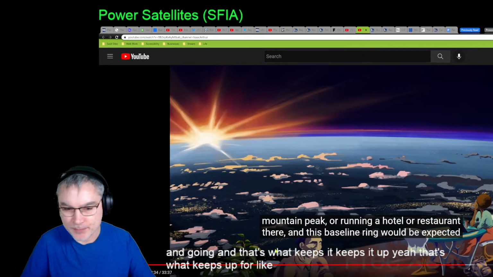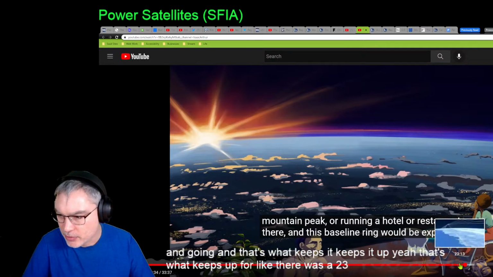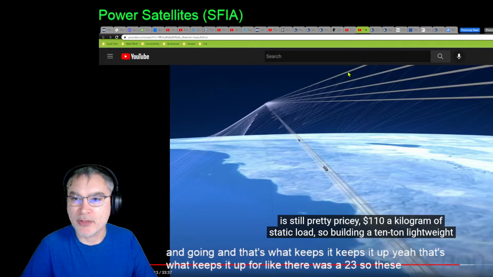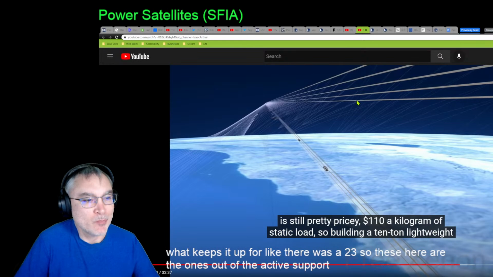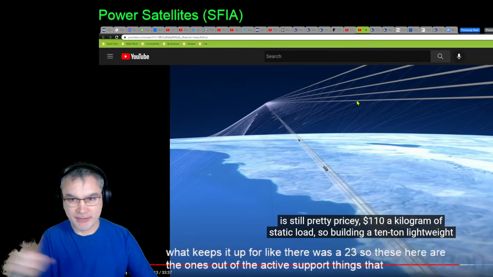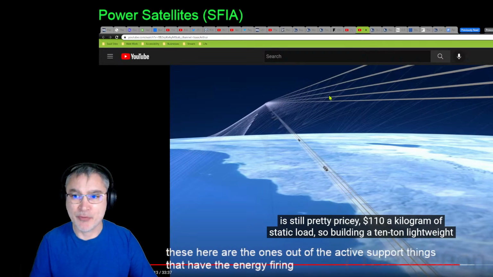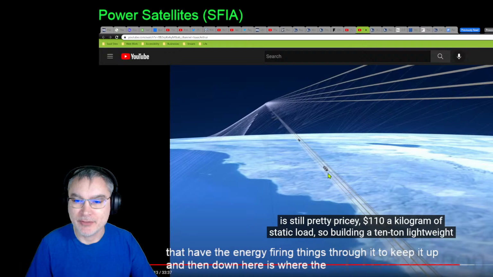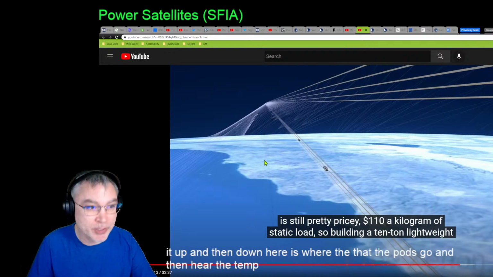So here, these are the ones that are the active support things that have the energy firing things through it to keep it up. And then down here is where the pods go, and then here the tether's going to the ground.